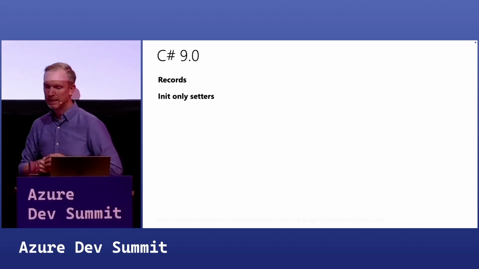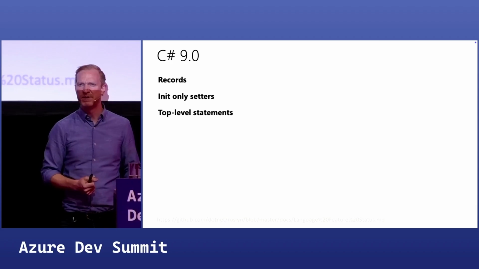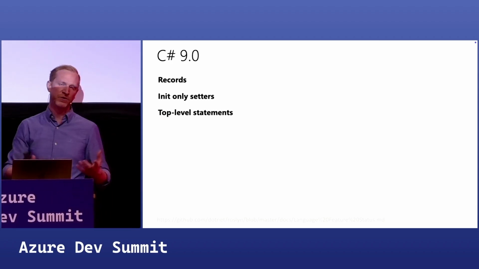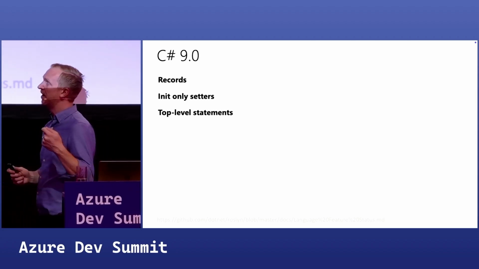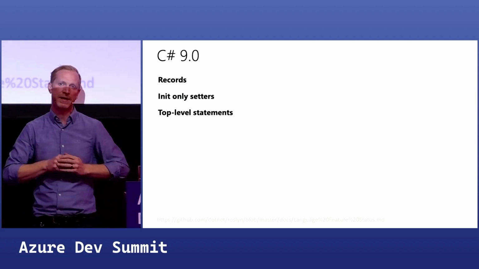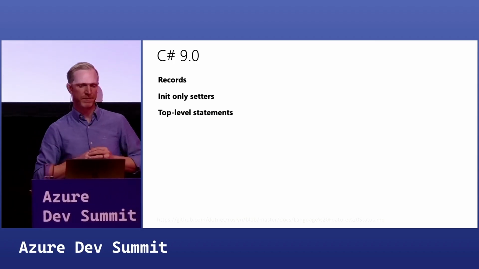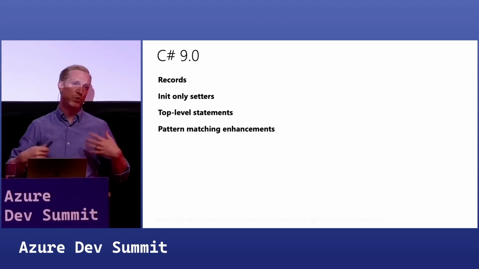And you want immutability for multi-threaded applications, because cross-threading and being able to change the state is not a good idea. In C# 9, they introduced this concept of a top-level statement or top-level program. This is a completely new way of writing your Program.cs file, which ultimately allowed them to introduce what's called minimal APIs, which I'll show you a couple of examples of in a bit. Now, with C# 9, they introduced a whole lot of patterns and improvements to pattern matching.